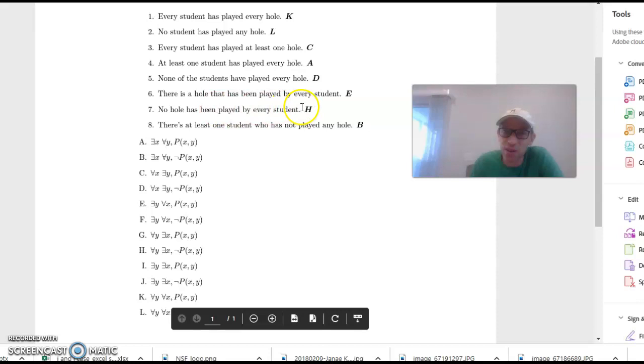I think that's another hard one. I think 5 and 7 are both a lot trickier because you have to change the "no hole" to a different way in English. And in number 8, there's at least one student who has not played any hole. So this one we can put into symbols fairly directly. There's at least one student, so there exists an X who has not played any hole.